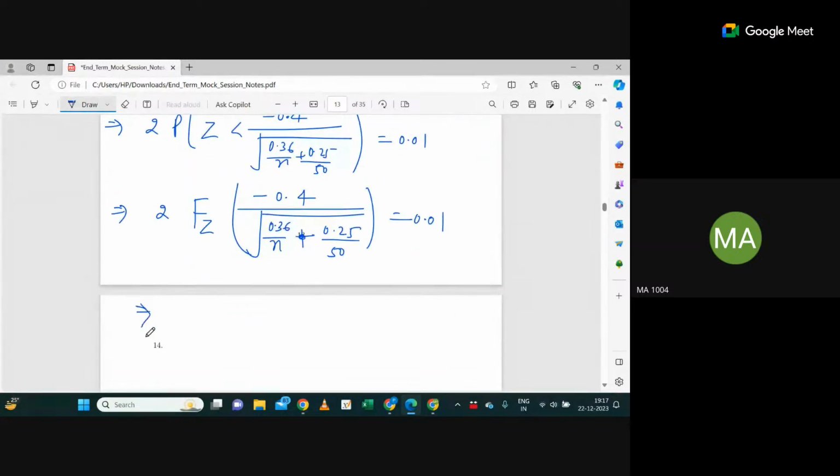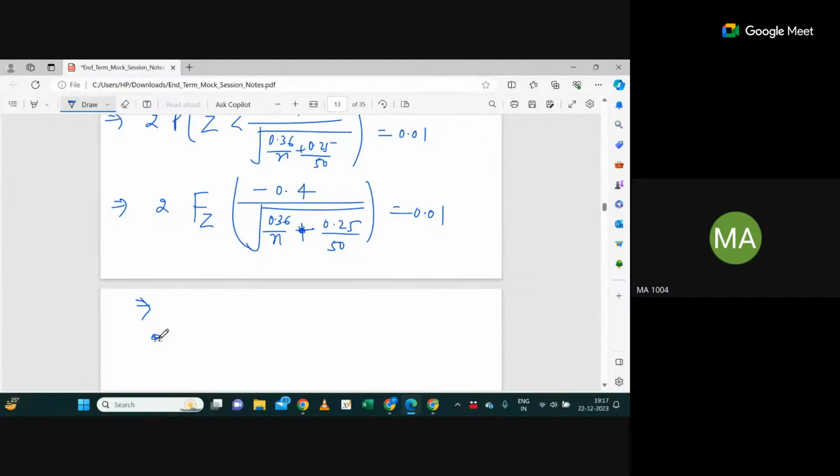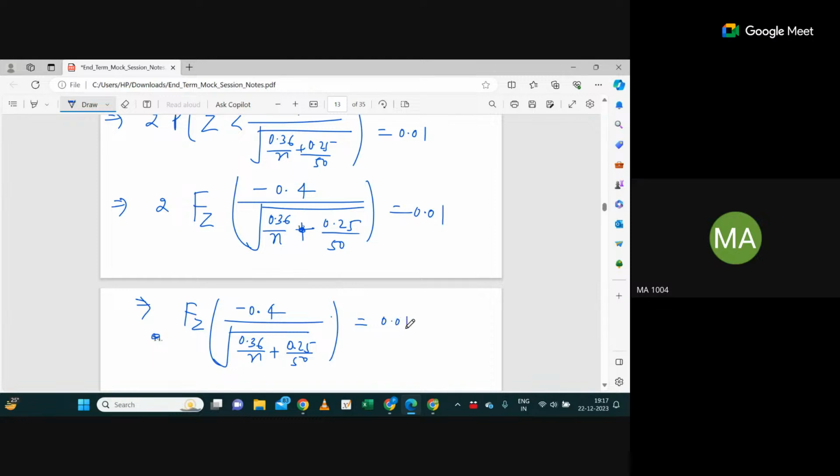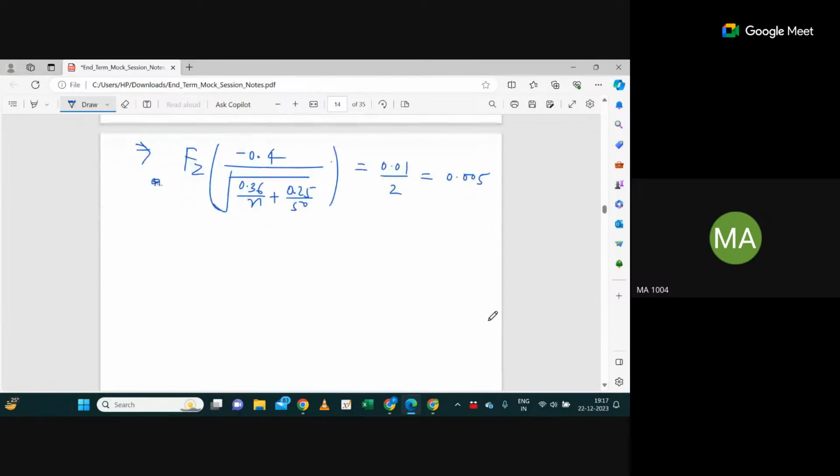Now this 2 I can transfer to the right-hand side, so it will be 0.01 divided by 2, which is 0.005. So FG of minus 0.4 divided by square root of 0.36 divided by n plus 0.25 divided by 50 equals 0.005.